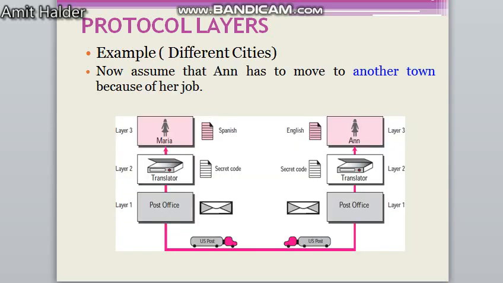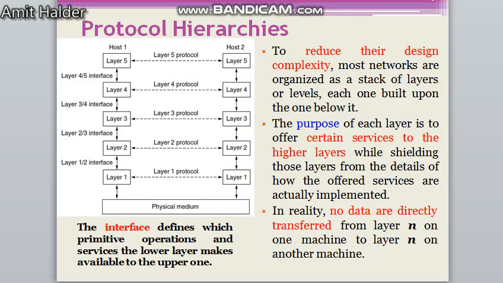If someone is living in another town, how could they communicate with each other? They could write a letter and post it through a post office, and then the receiver will get the message. So that is the protocol hierarchy.